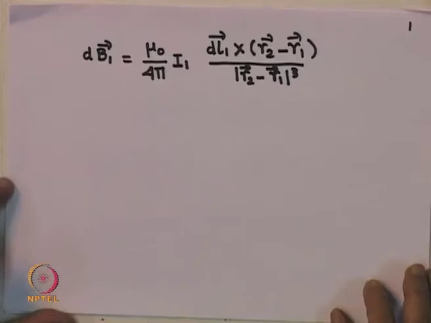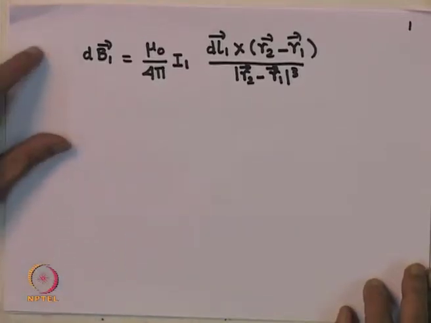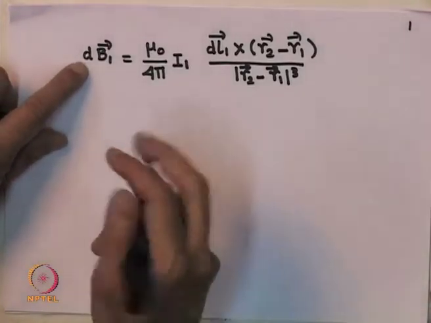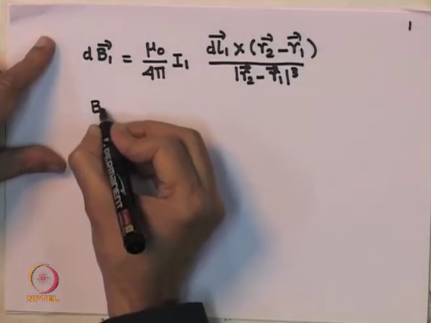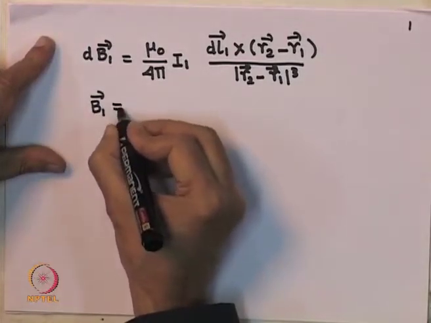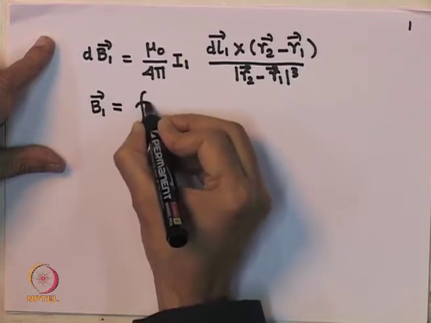Now, in order to calculate the total magnetic field at the point P, what I need to do is to find out what is B1 at the point P, which is simply the integral of this over the circuit.